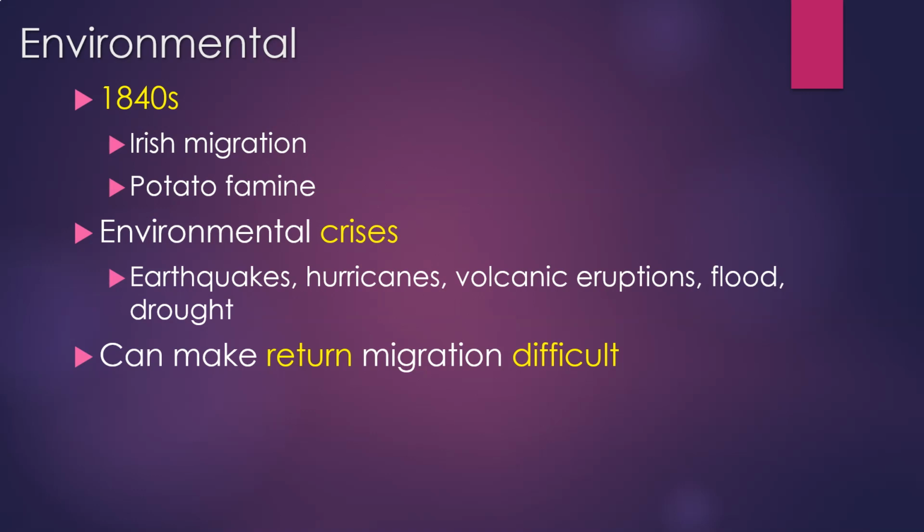So a forced migration, environmental forced migration in that sense. Other crises that might happen, earthquakes, hurricanes, volcanic eruptions, flood, and drought could force people to leave the place of their origin.